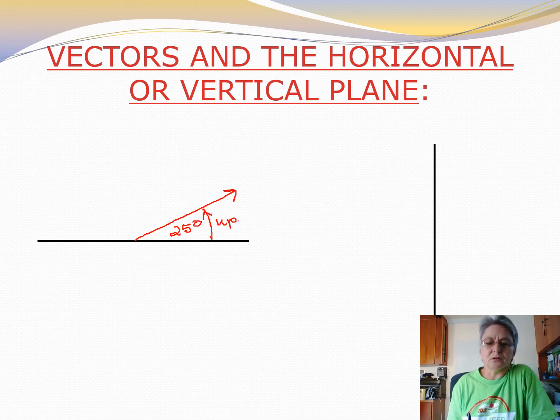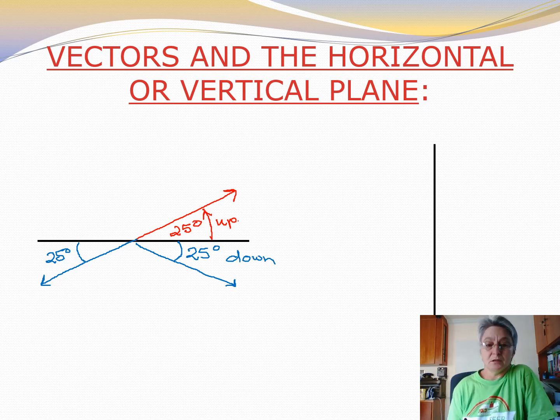Sometimes the angle is 25 degrees down from the horizontal, in that towards the left, or sometimes it's down 25 degrees towards the right. Doesn't matter which, it's measured with respect to the horizontal line.